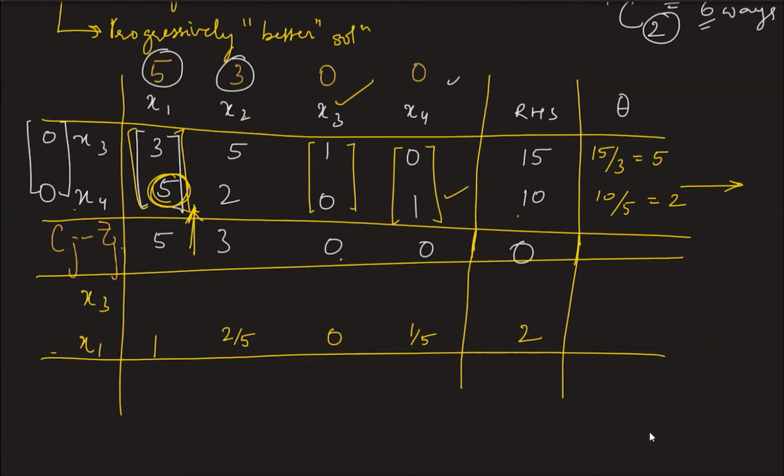Now, this element here should be 0. But how do we make that? This row minus 3 times this row. This row minus 3 times this row would be 3 minus 3, 0. 5 minus 6 by 5, that is 25 minus 6, 19 by 5. 1 minus 3 times 0, that is 1. 0 minus 3 times minus 3 by 5.